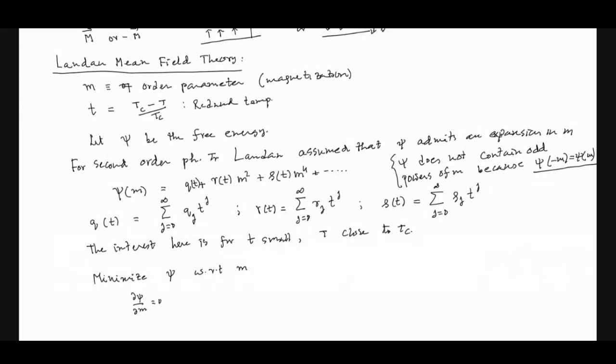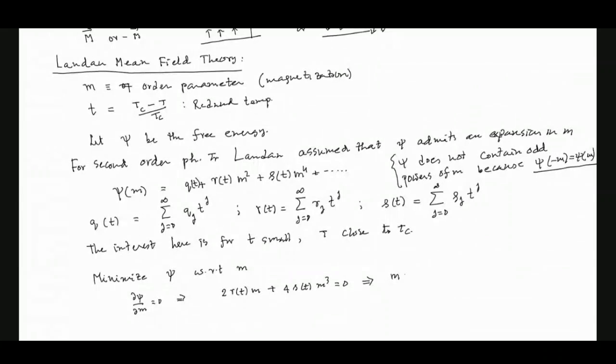That gives us r of t m plus 4s of t m cube is equal to 0. Now this gives us three solutions, the cubic equation.